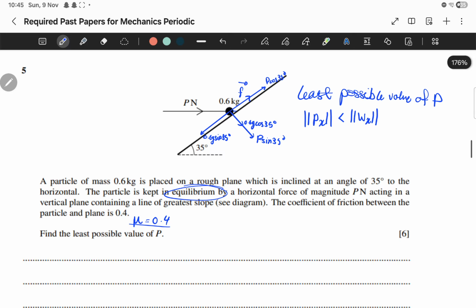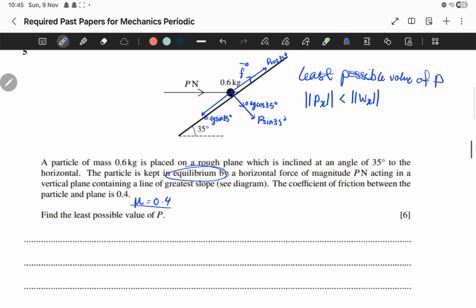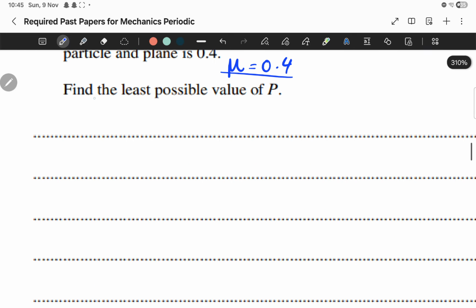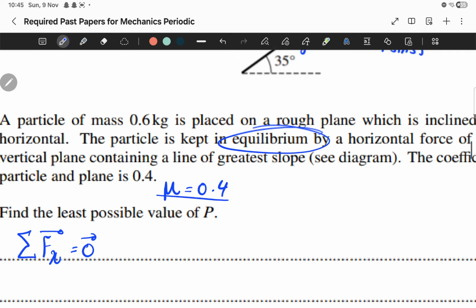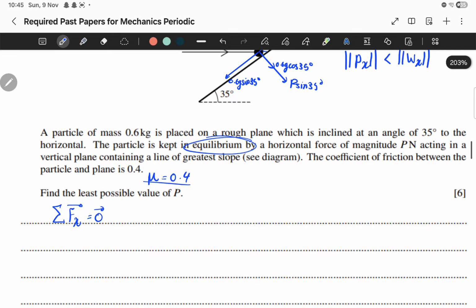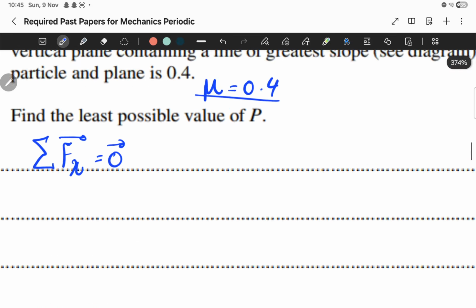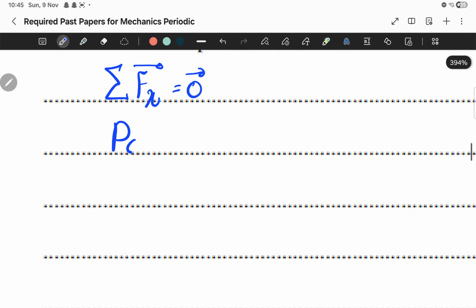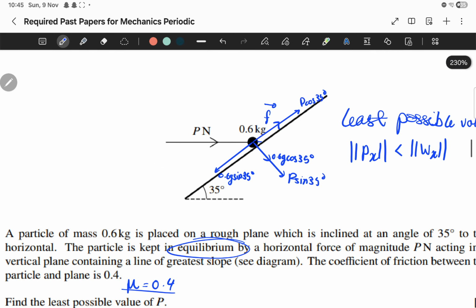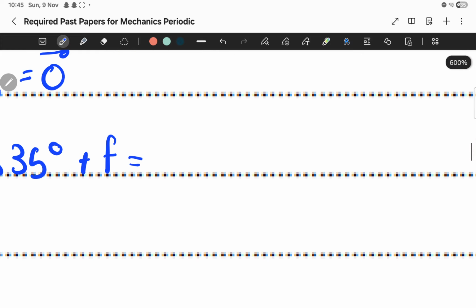Now sigma of x equals 0, because again, the thing is in equilibrium, so it does not move. Now, resolving this will give me P cos 35 plus F equals 0.6 g sine 35.